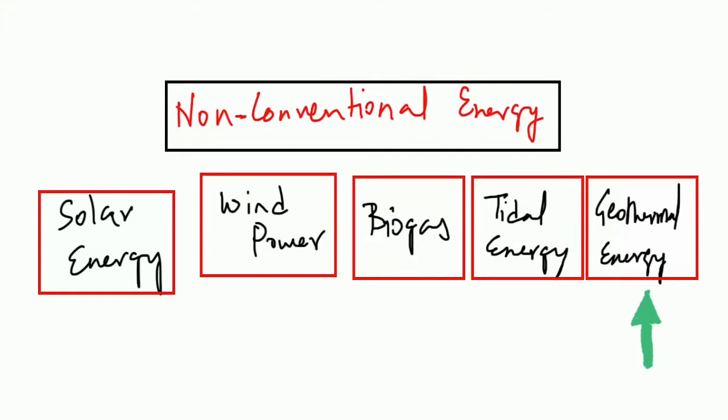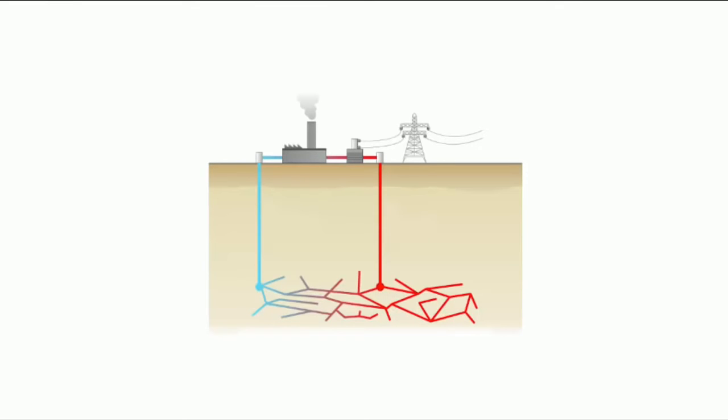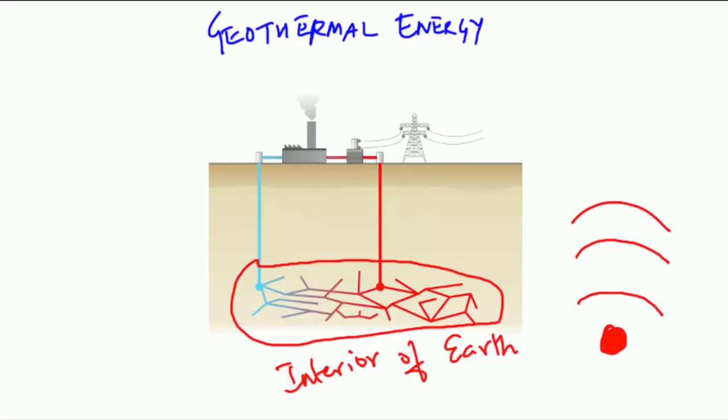Last but not the least, geothermal energy is another form of non-conventional energy source. When we break the word geothermal, we get geo, that is referred to as earth, and then we get thermal, which means heat. So in this, heat and electricity is produced by using the heat from the interior of the earth. We all know that as we go deeper inside the earth's crust, the temperature gradually increases.